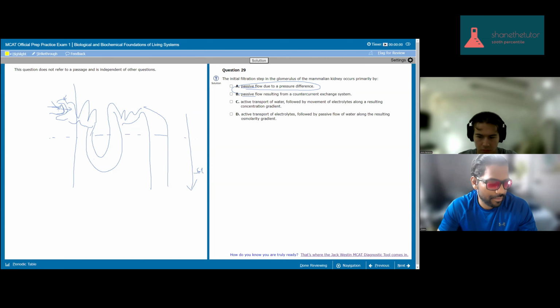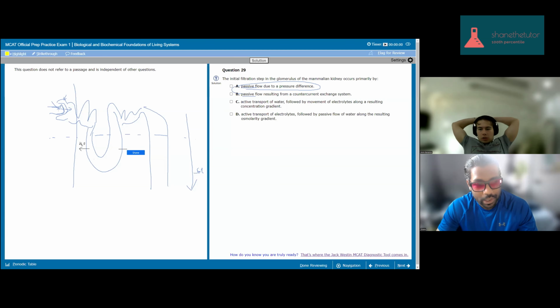This descending loop enters a hypertonic environment, so water is going to be sucked out through passive transport. In this ascending loop of Henle, we can have salts like NaCl come out.